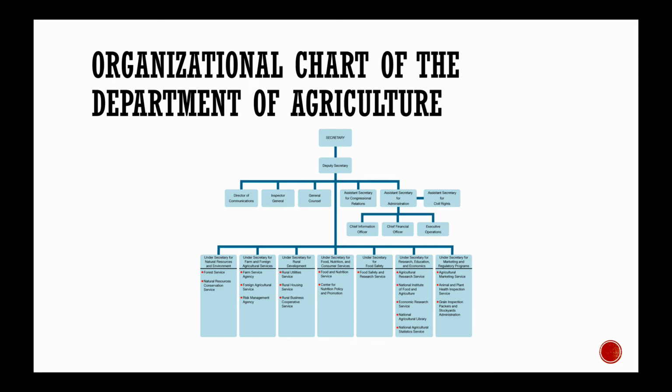Now, here's the thing though. If you look somewhere in the middle and you see the Food, Nutrition, and Consumer Services, and you see the Center for Nutrition Policy and Promotion, those are the people who came up with the food pyramid. Guess what? The cheese part of the food pyramid is pretty high in the sense that you're not supposed to have that much of it.